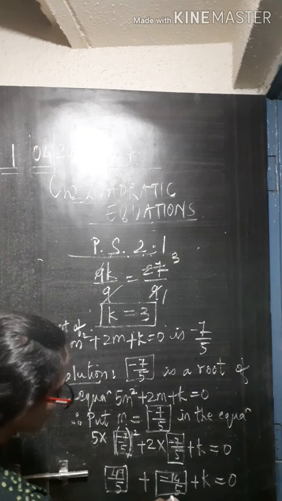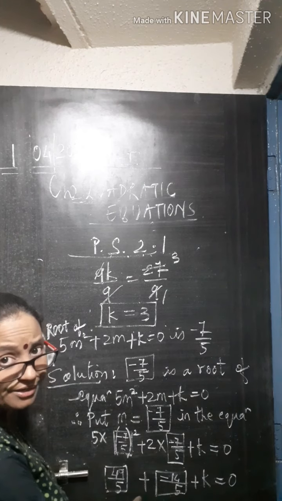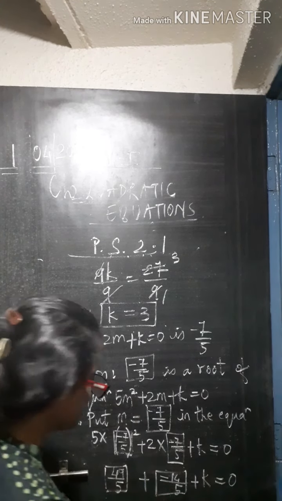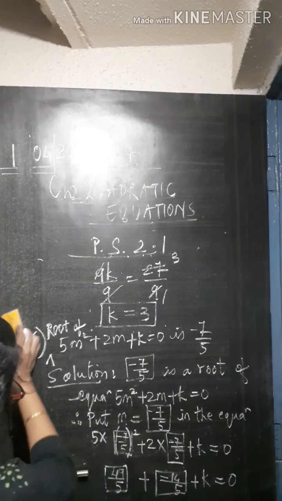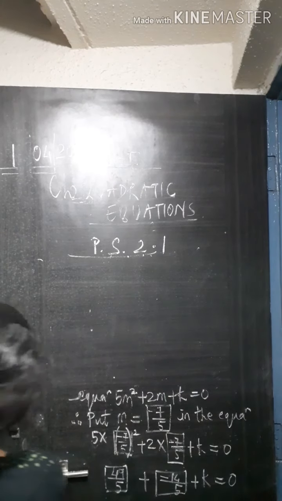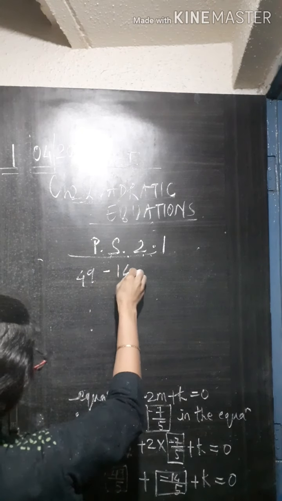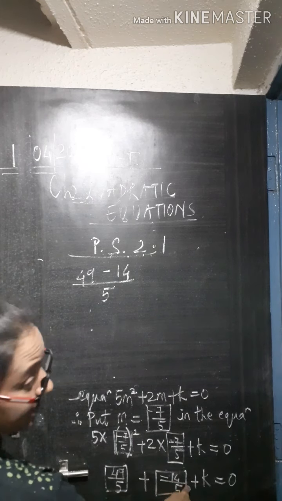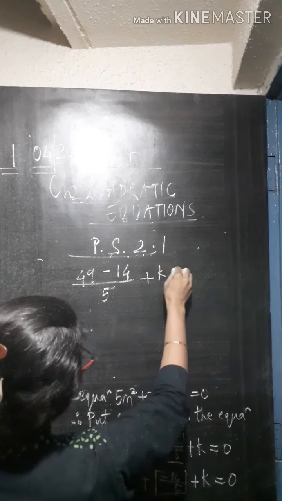Then if I add these two fractions, what do I get? Can I add them? Yes, because denominator 5, denominator 5. When denominators are the same, we can add the numerators. I think the last step is not visible, so I'll write the step above. So my 49 minus 14, common denominator 5, plus k is equal to 0.